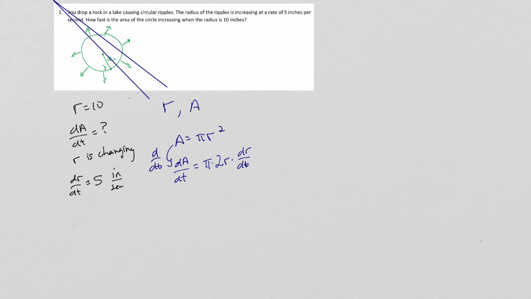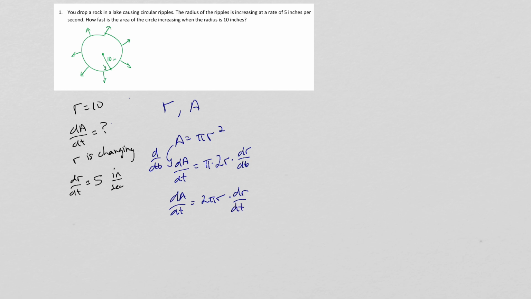And that's implicit differentiation, and we've talked about that quite a bit, so I'm not going to go too long into that. But from here, I'm just going to simplify and then plug in my values. So I've got dA/dt equals 2 pi r times dr/dt.